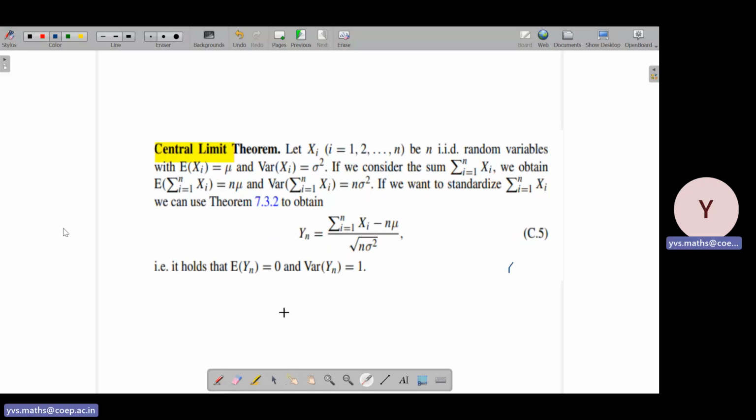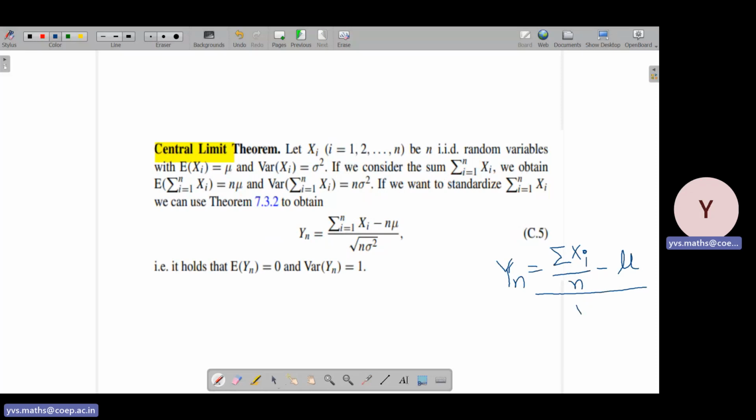Here I would like to bring to your consideration that we can write this random variable capital Y as summation Xi, where i runs from 1 up to n, minus n mu, divided by square root of n into sigma. What I'm doing is dividing numerator and denominator by n.